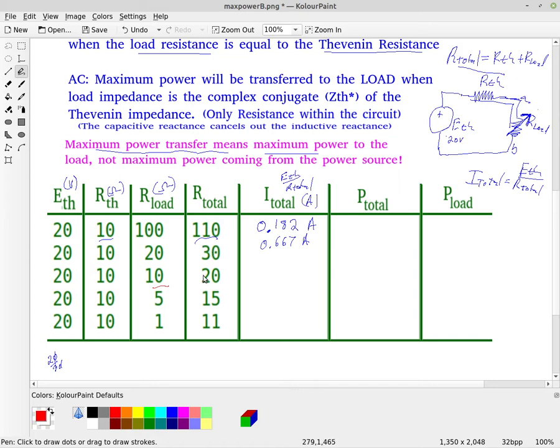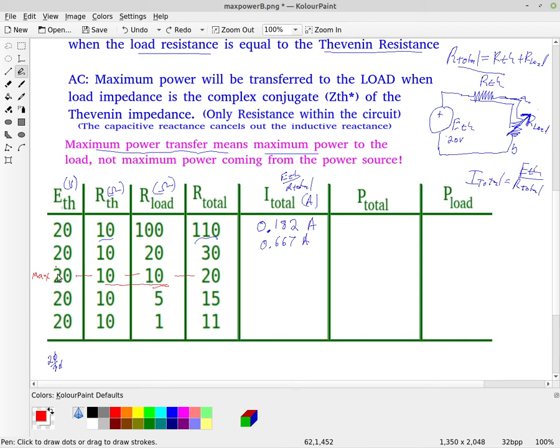In the next case, again E Thevenin is 20 volts, and this is the one they're telling us should be the maximum power. I just want to verify that. For what they predict to be maximum power, R Thevenin is equal to R load, which gives a total of 20 ohms.